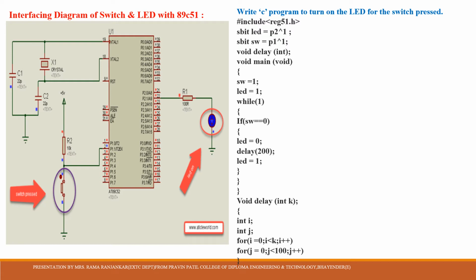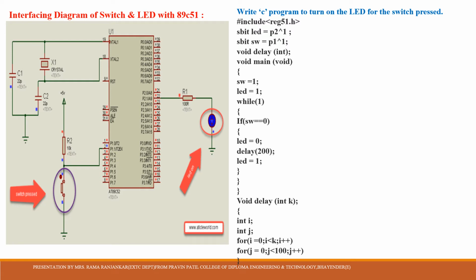Again in the main program we write the status of the switch and LED first. We have to write the initial status, and if the switch is pressed the LED gets on, otherwise the LED goes off.